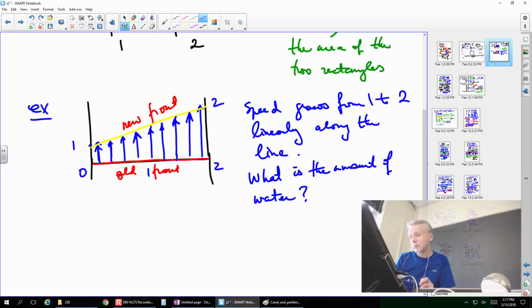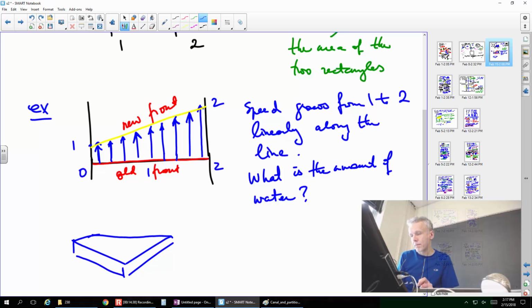So from the side, this is the water that actually crossed the line. So once again, this is my initial front. And now we are here. That is where it ended up.